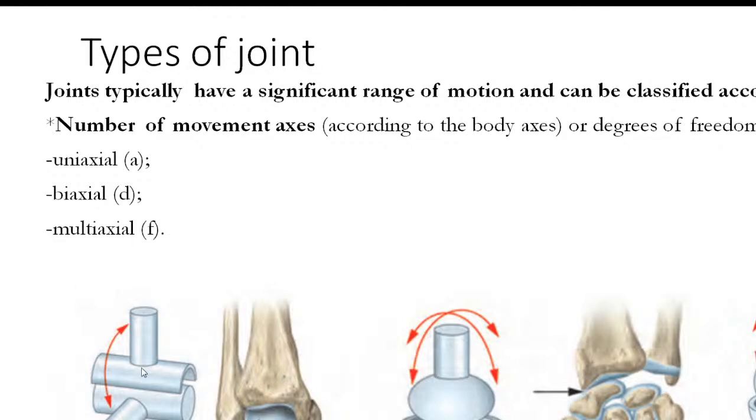For example, uniaxial has one axial plane. Biaxial has two planes, frontal and sagittal. What you see, multiaxial. This is movement axis.